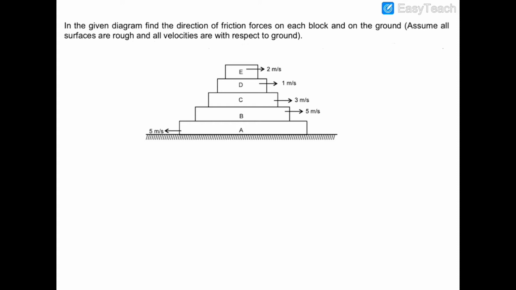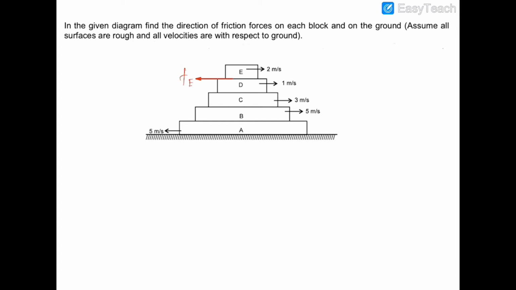So we can see that block E has a relative velocity in forward direction with respect to D. Block E is moving with a relative velocity of 1 meter per second in forward direction with respect to D. So the friction will be acting on block E in backward direction. This is the direction of friction, F1 acting on E, Fe.